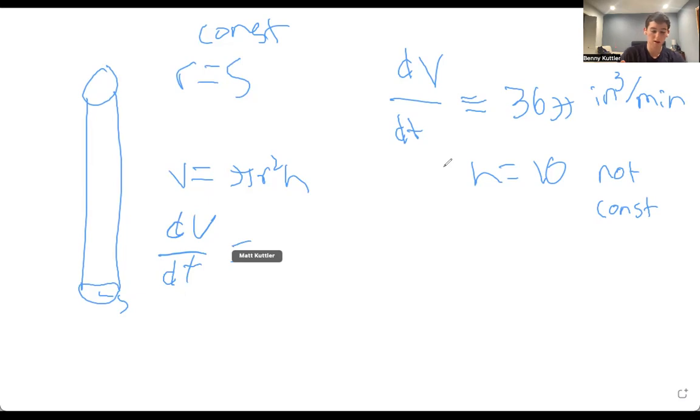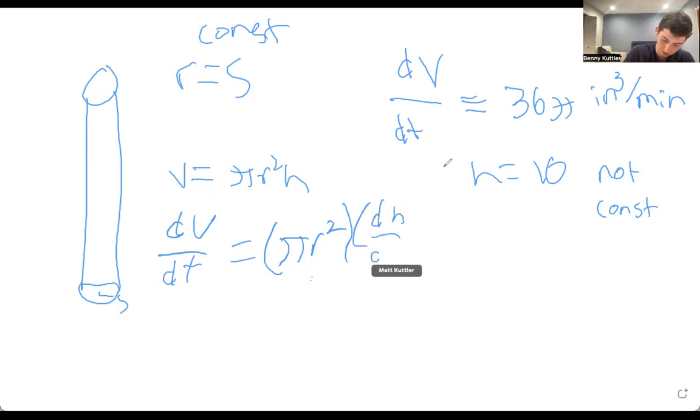Equals, and now if we use product rule, we have pi r squared. So we do left times d right, so pi r squared dh/dt, plus right times d left.